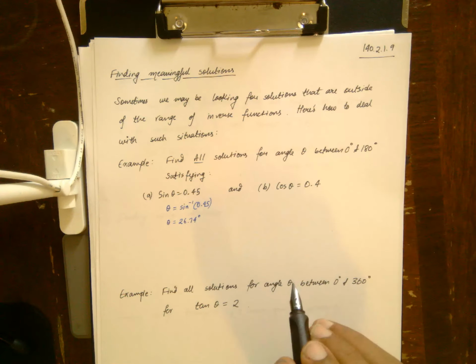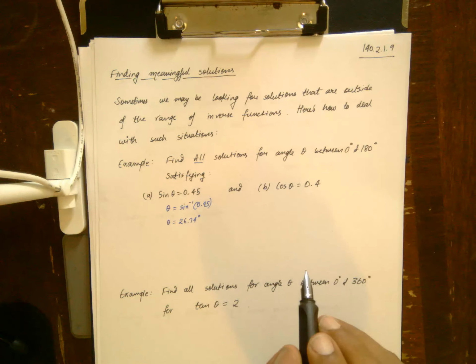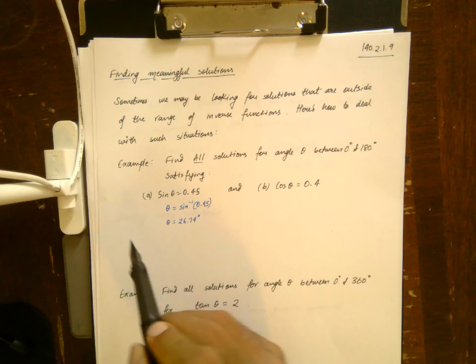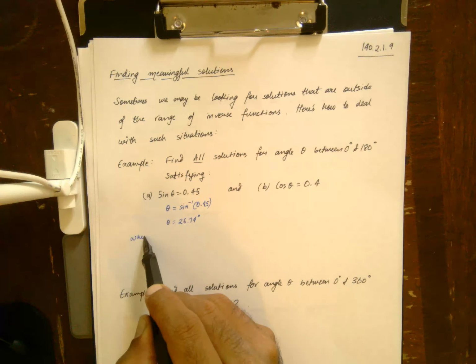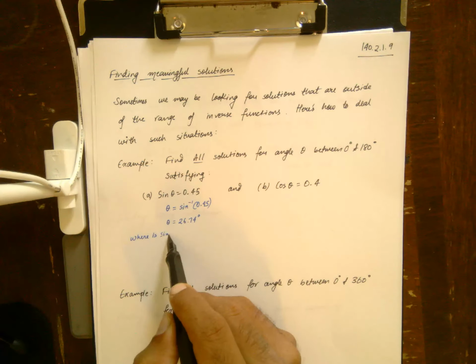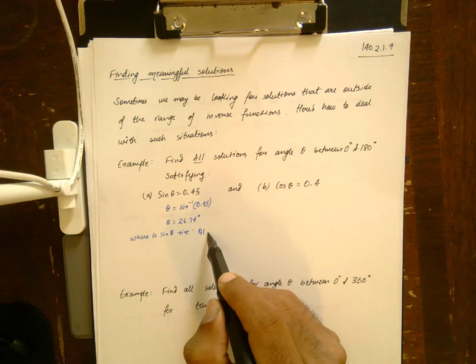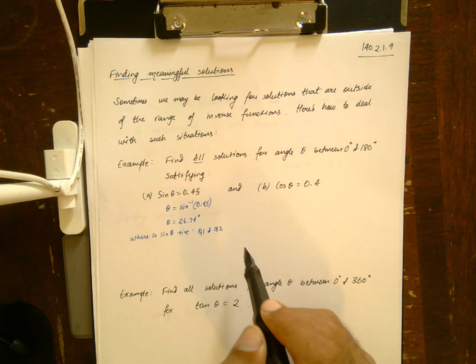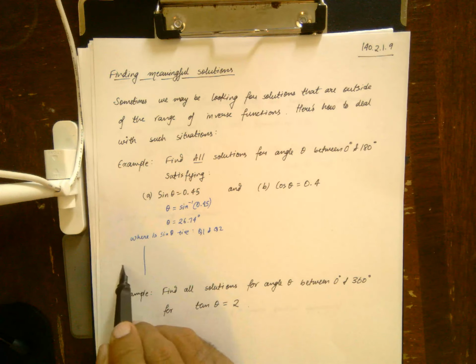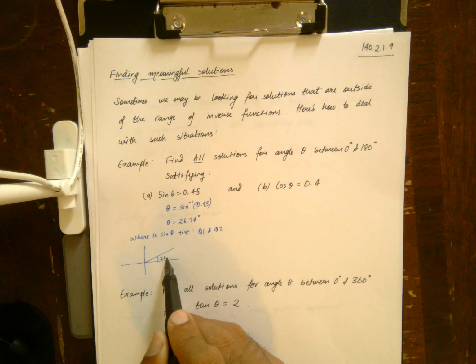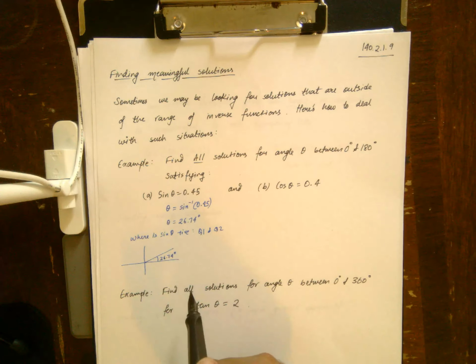Now at this point, the way to think about it is sine theta is positive. So where is sine theta positive? So the answer is quadrant 1 and quadrant 2. The quadrant 1 angle we already found is 26.74 degrees.